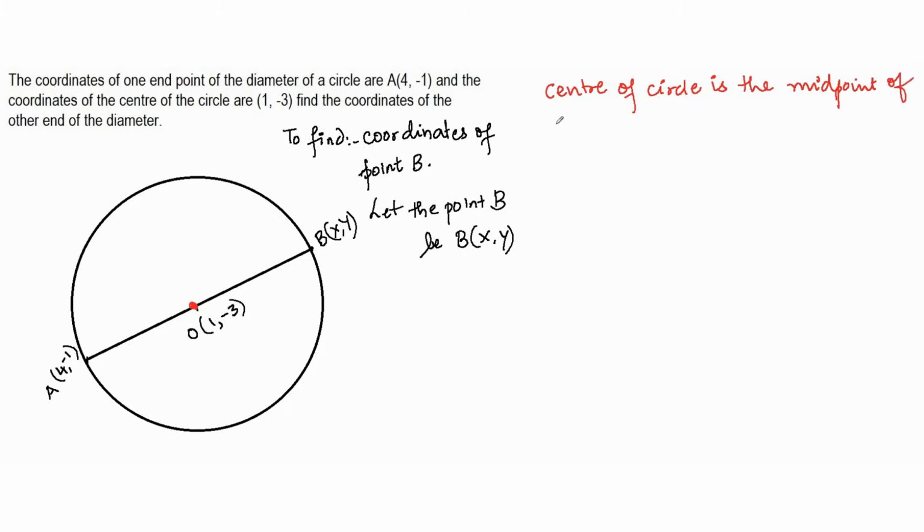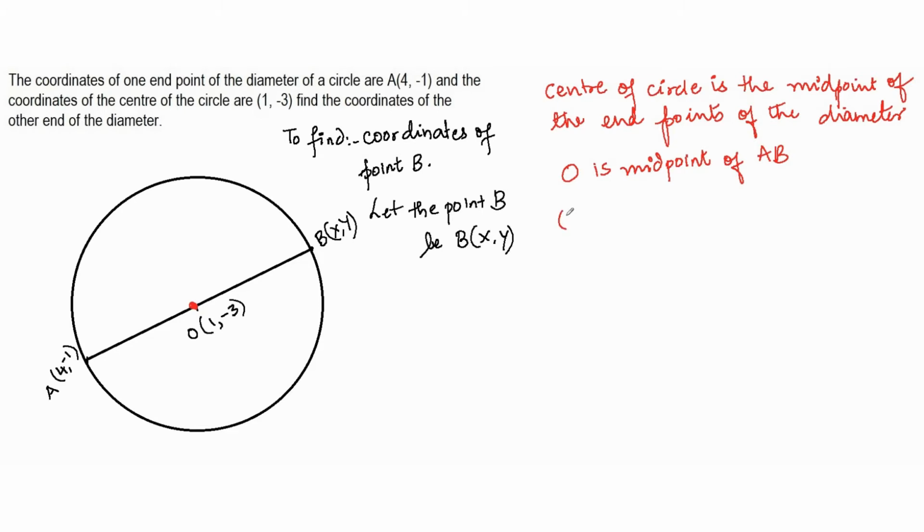Which means that O is the midpoint of AB. Now the coordinates of O are 1, minus 3.